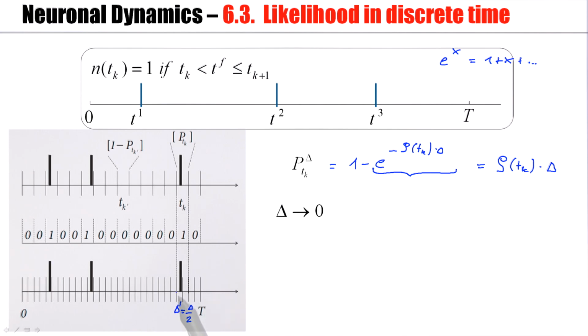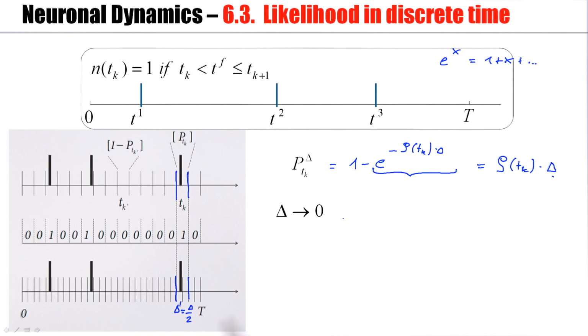I must have a smaller probability to fire in the short time step, because the total probability to fire between here and there should not change. And that's true for this firing probability that is proportional to the step size delta, valid in the limit delta to 0.